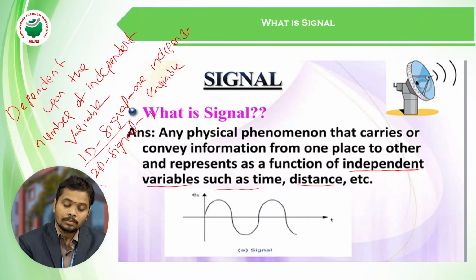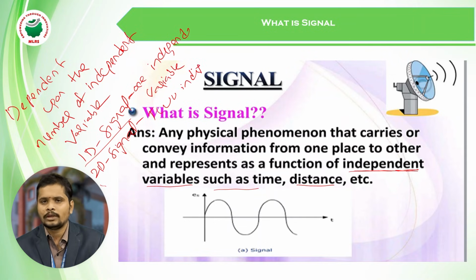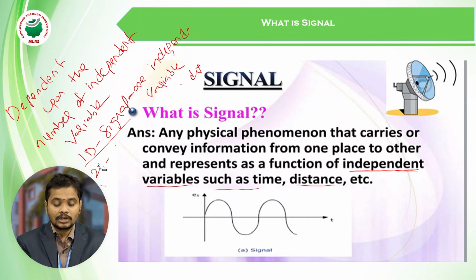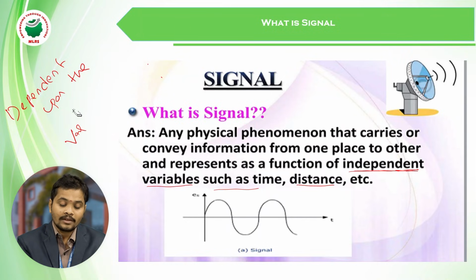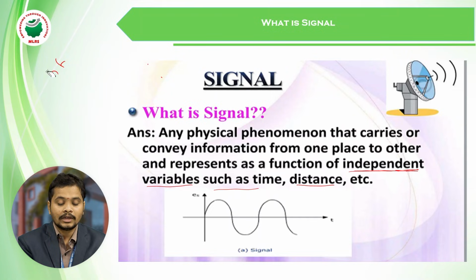If it has two independent variables, then it is said to be two-dimensional. If it has three, it is a 3D signal. And like that, we classify the signals based upon the number of independent variables.